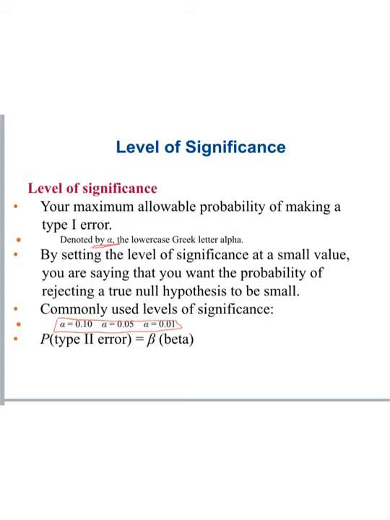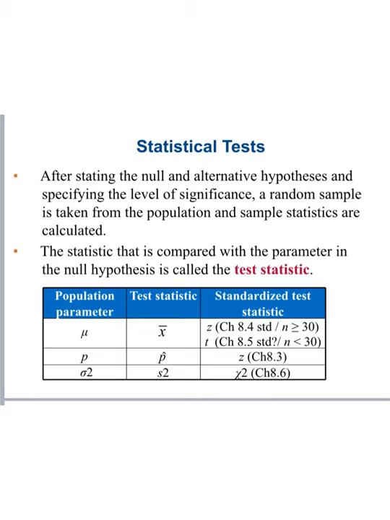After stating the null and alternative hypotheses and specifying the level of significance, a random sample is taken from the population. Sample statistics are calculated. The statistic that is compared with the parameter in the null hypothesis is called the test statistic. So this is important.